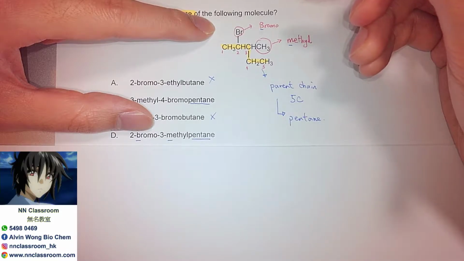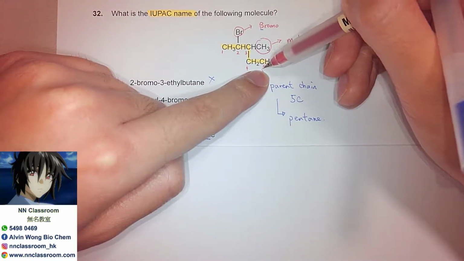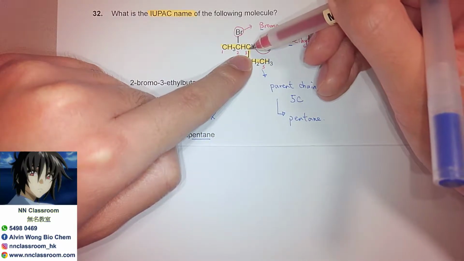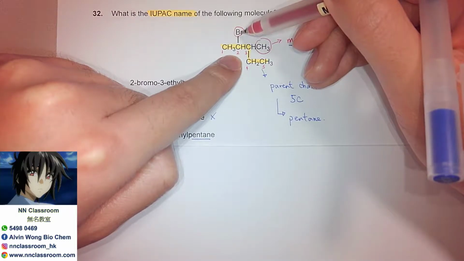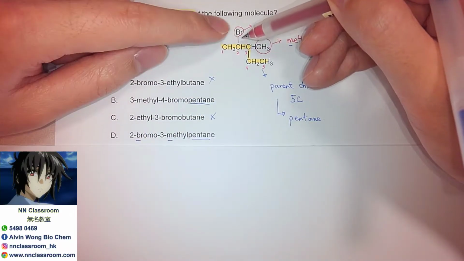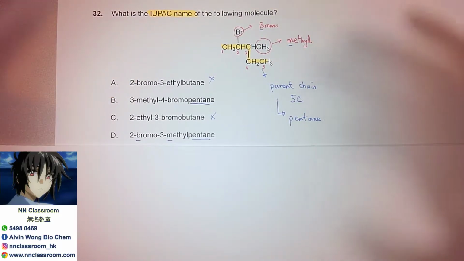This is better than starting from that side, because if I start counting it as 1, this will be 2, and I see the methyl in carbon number 3 and the bromine in carbon number 4. That number is a bit higher, because only 2 and 3 are used instead of 3 and 4. So the lower the better.